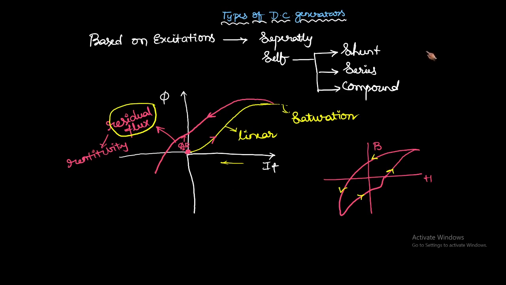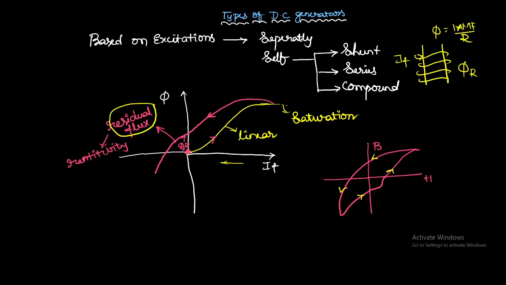If you consider a pole, it has a field winding, and the field current is flowing like this. There is some flux, phi equals mmf by reluctance, and the residual flux is also there.